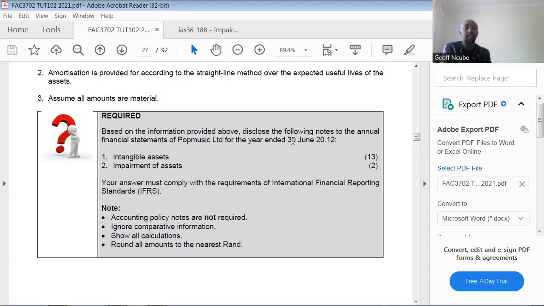It's very important when you're attempting a question to look at the year end of that company. So we're going to do the intangible assets, just that part, for 13 marks. But here I will not address the question in its fullness. I'll just address a portion on impairment loss.